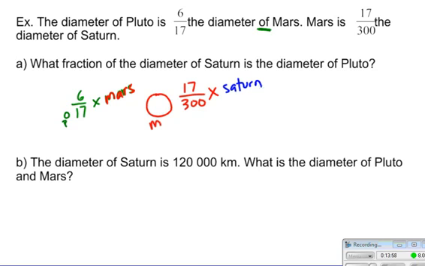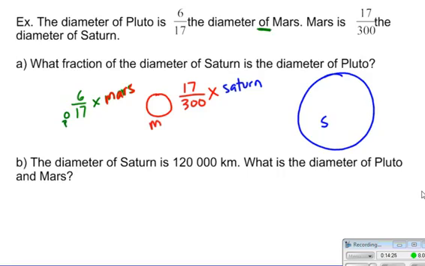Okay? So then we want to know what fraction of the diameter of Saturn is the diameter of Pluto. This is Saturn. So we have 2 fractions that Mars kind of connects together.